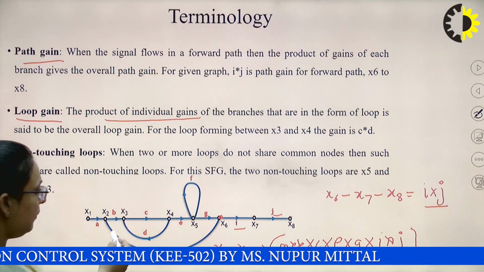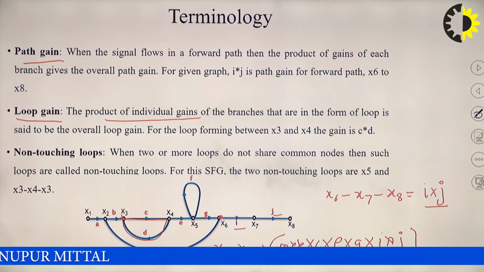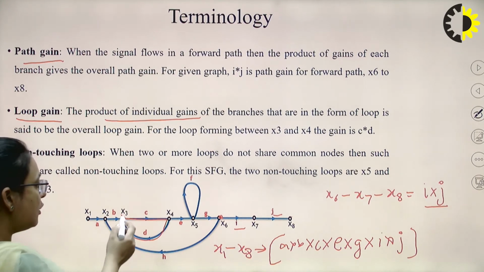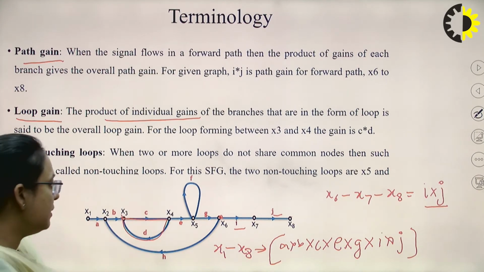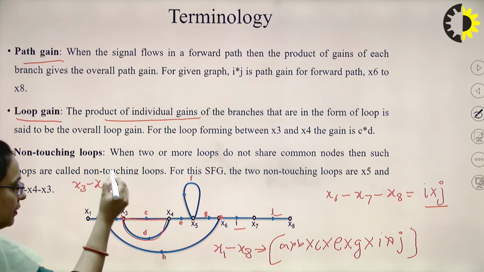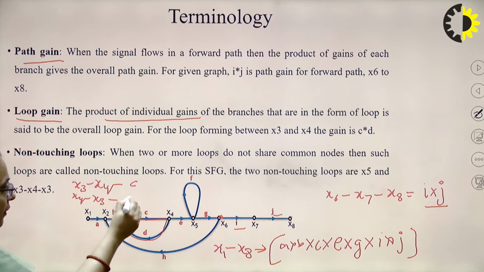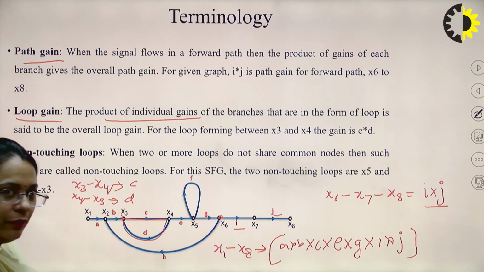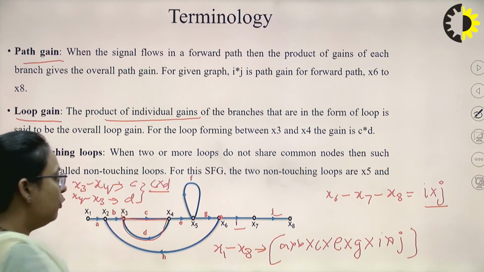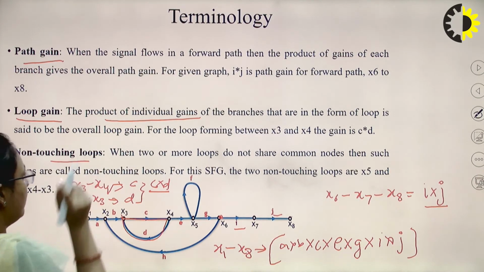So, here you can see, if we talk about the feedback loop X3 to X4, then back to X3, then the loop gain will be the product of the gains of these two branches, that is from X3 to X4, the gain is C, and then from X4 to X3, the gain is D, right? And the loop gain will be the product of these two gains, that is C into D will be the loop gain.